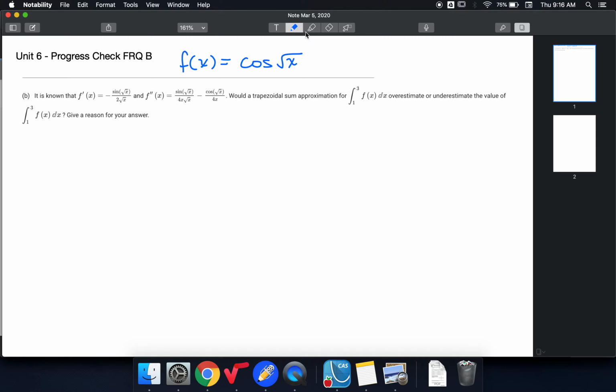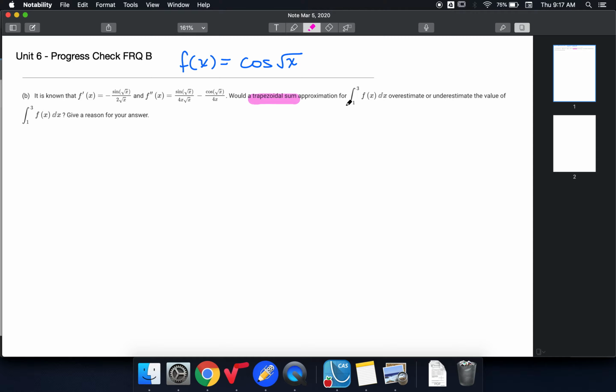And we're asked here, is a trapezoidal sum an overestimate or an underestimate? They've given us the first and second derivatives. Well, the first derivative is going to tell us increasing or decreasing, and the second derivative is going to tell us concavity.